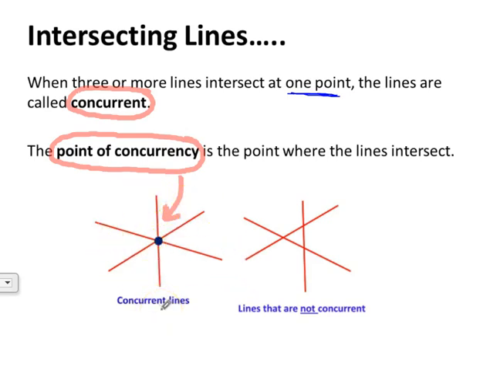This week, when we deal with altitudes, medians, and perpendicular bisectors, there's only going to be three of those that intersect, but a point of concurrency is the point where those lines intersect. So when you see that term, that's what it means. Here, in this diagram, these lines are not concurrent, meaning they don't intersect at one specific point. So this week we're going to look at points of concurrency, which is where we've got three lines intersecting at one point.